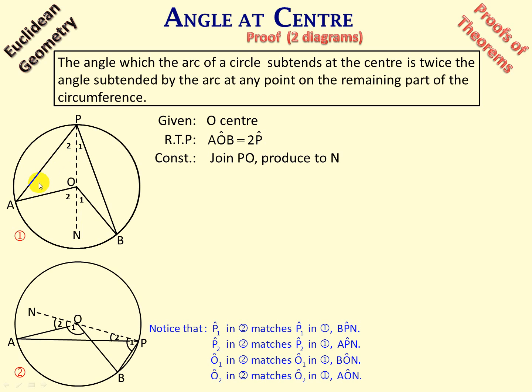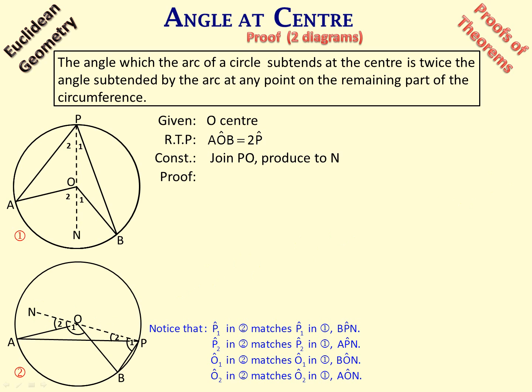P2 is APN, so here I go APN, so there's P2. O1 is BON, there's the whole of O1, and O2 is AON, there's the 2, and they match.